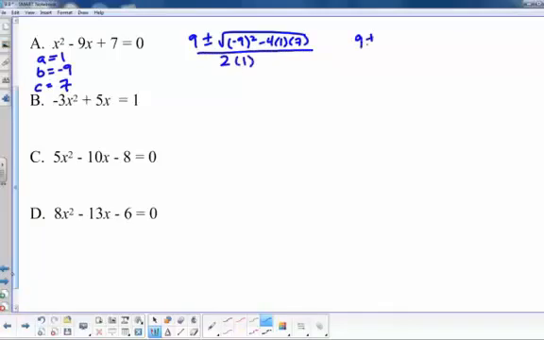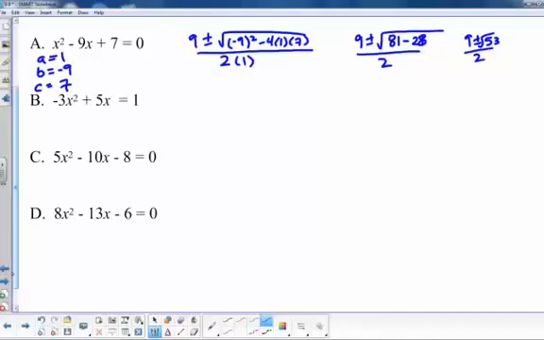So 9 plus or minus square root of 81 minus 28 all over 2. So 81 minus 28 is 53. The square root of 53 is some funky decimal.